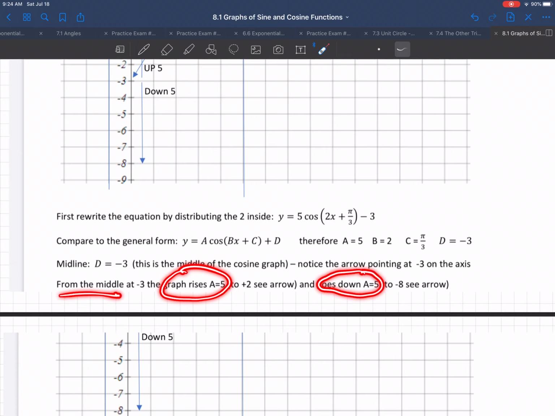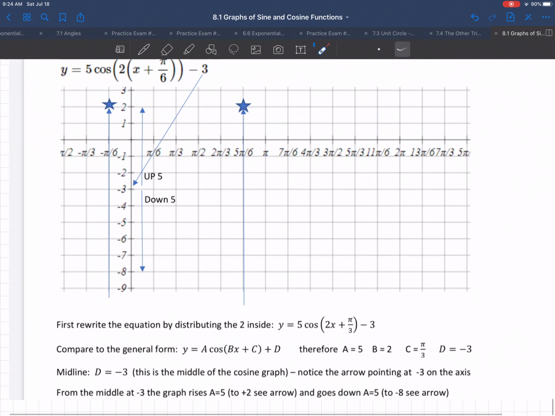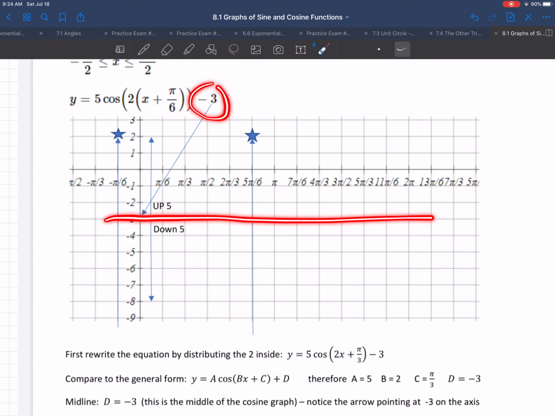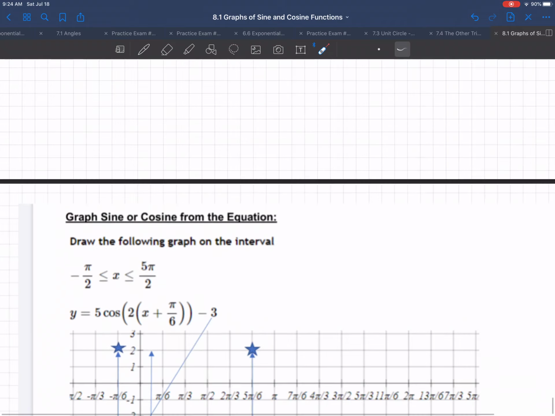So whatever the a is, the amplitude, that's how far the graph rises and goes down from that middle. So that way you can find the top and the bottom. You can see it on the graph here, right? The minus 3 is the midline, and then it goes down 5 and up 5 because of that 5 in the front. So you can find the top and the bottom of the graph. That's what that diagram is showing.